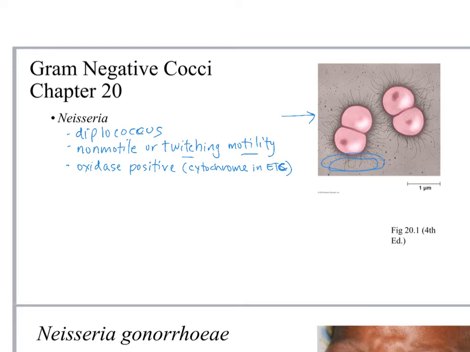This is an enzyme that we test for. It's not an oxidation test. We test to see if this cytochrome, this protein, is present or not. And again, we didn't test for it in 213.